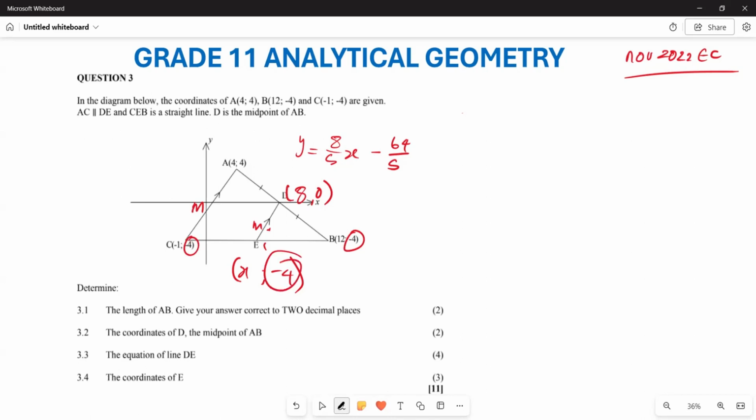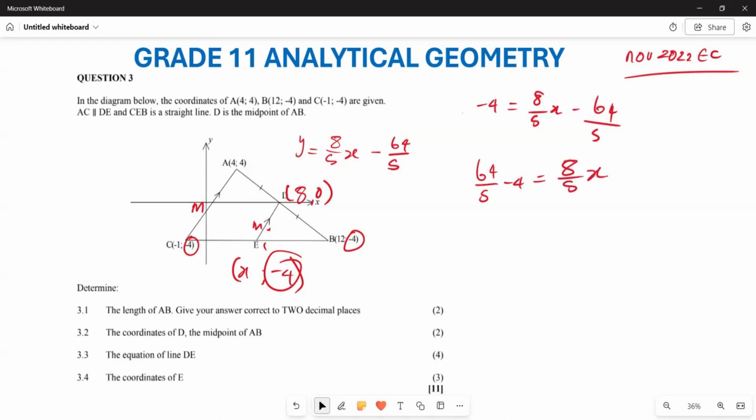So when you are doing this, to find E, you are going to substitute here. Where there is y, it's negative 4. So negative 4 equals 8 over 5x subtract 64 over 5. When you transpose this, can you see that 64 over 5 subtract 4 equals 8 over 5x?